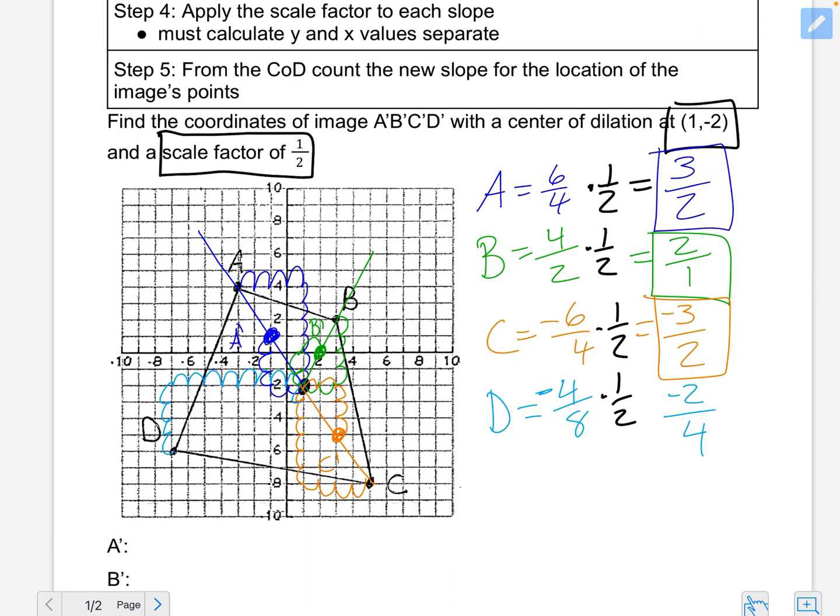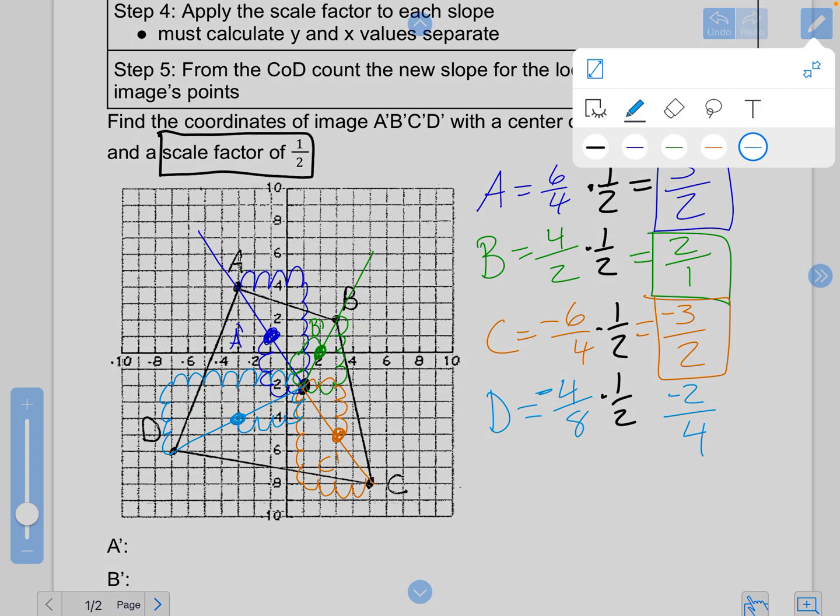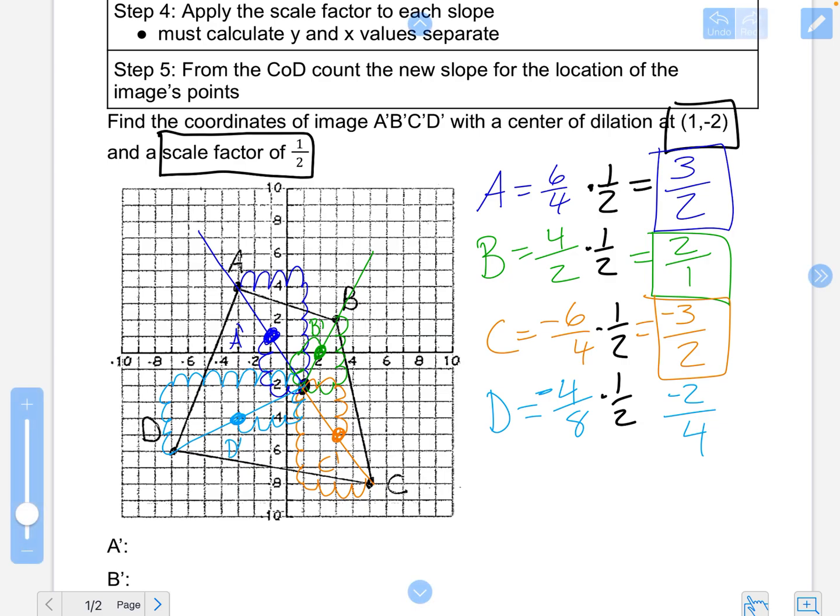So I should go down 1, 2, left 1, 2, 3, 4. Again, if we draw that straight line, it should be there. That would be D prime. Let me label it on the graph. And if I connect my dots, it's following the same shape pattern, and it is smaller.